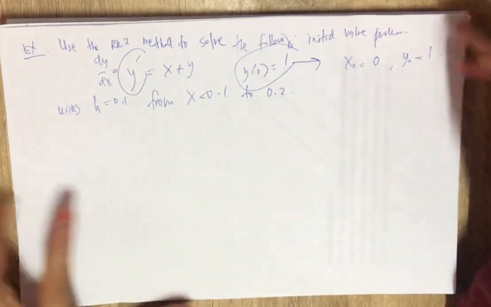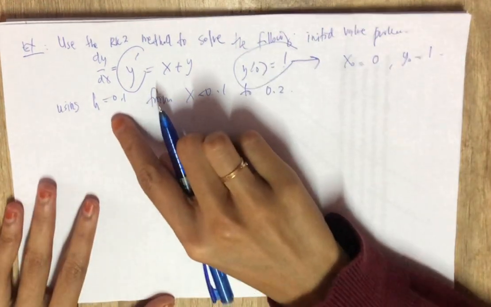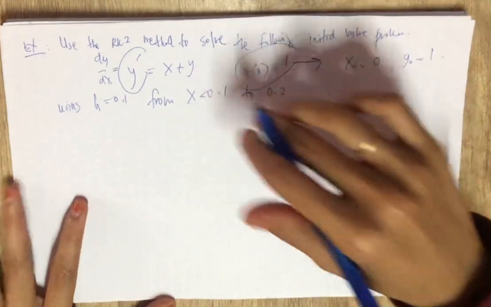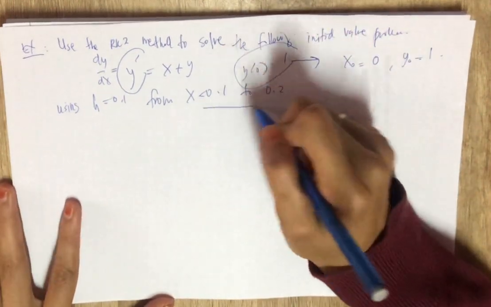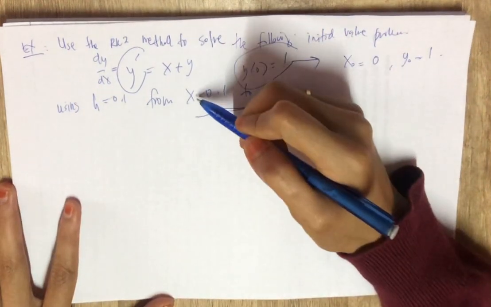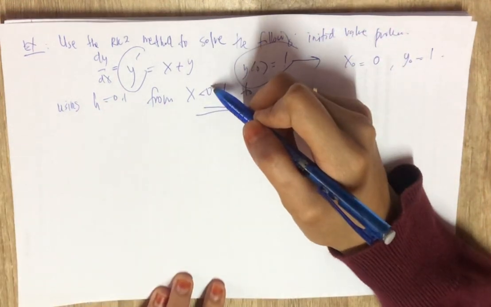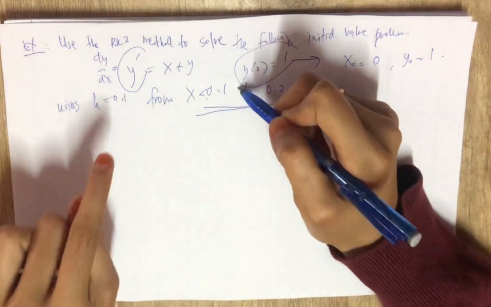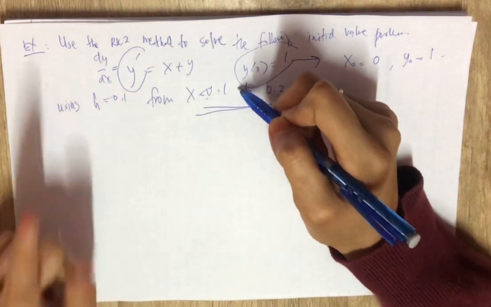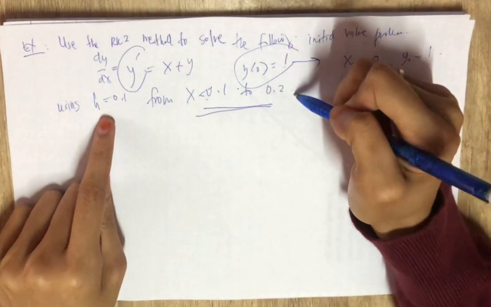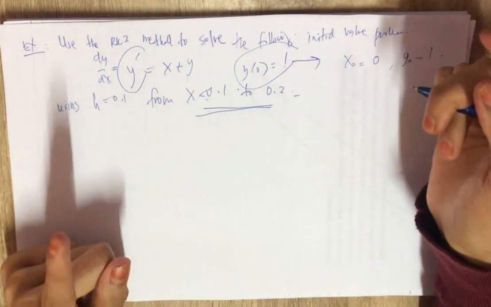Then you are using h = 0.1, from 0.1 until 0.2. So as you can see here, it is just one iteration. From x1 at 0.1 with h = 0.1, when you add 0.1 you will get 0.2, so you just do one iteration only.